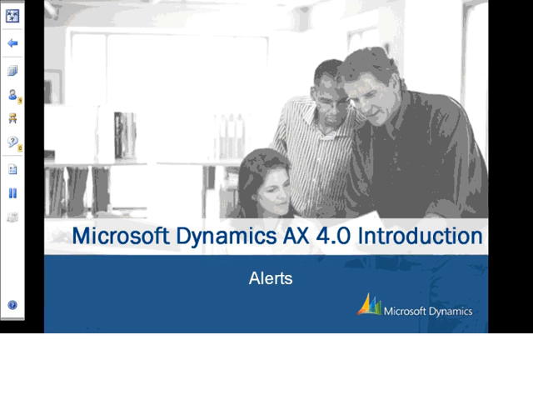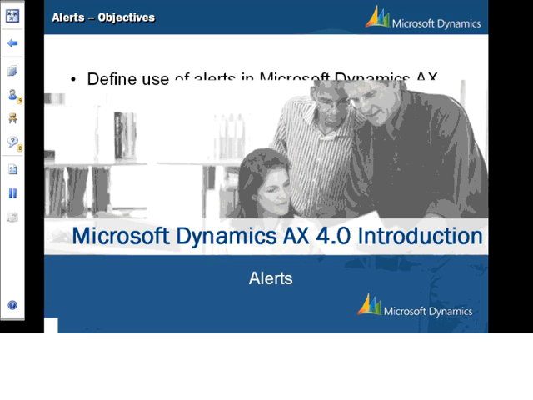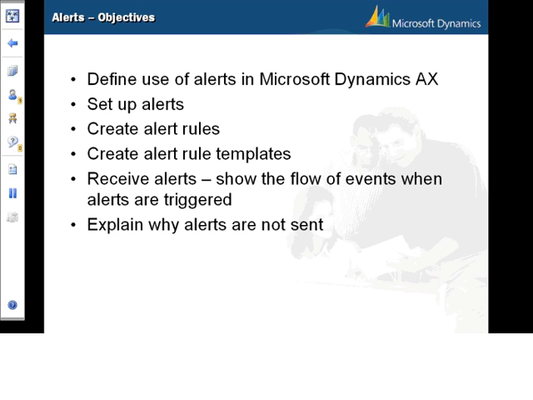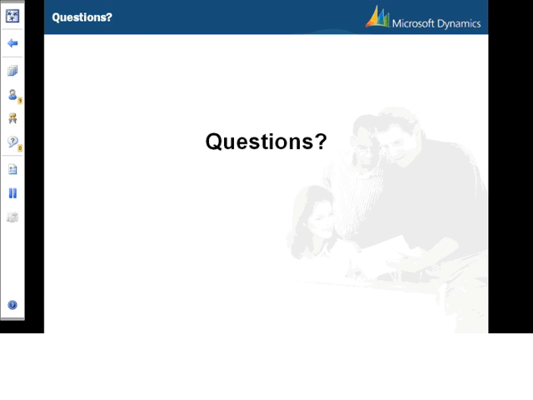And the last session, today's session, was about alerts, where we defined the use of alerts in Microsoft Dynamics AX. We set up alerts, created alert rules, created alert rule templates, received alerts, showed the flow of events when alerts are triggered, and explained why alerts are not sent. So we finished our introduction session for these 6 weeks.